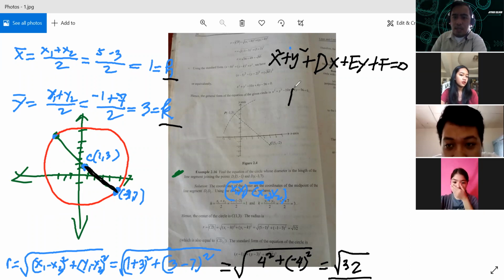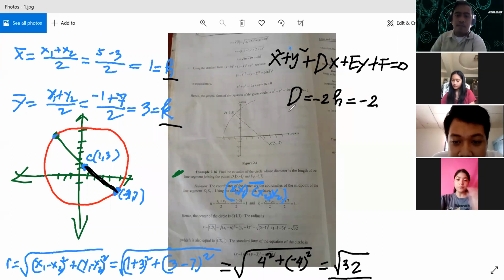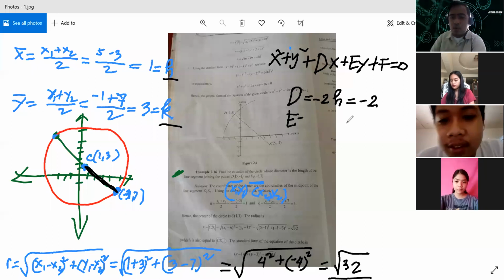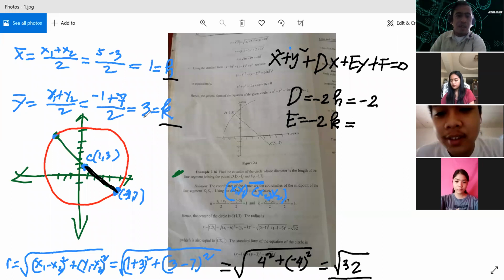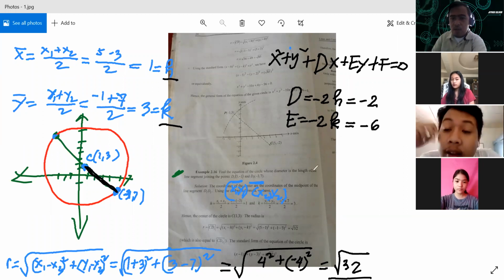So if you are going to solve for d, your d is the negative of 2h, right? And your h is 1, so that will be negative 2, right? Your e is just the negative of 2k. And your k is 3, so it means this is negative 6, right? And for your f, remember your f is just h squared plus k squared minus r squared.